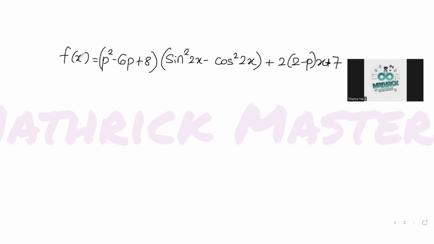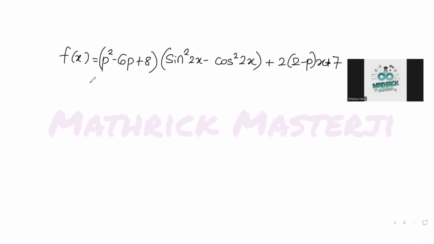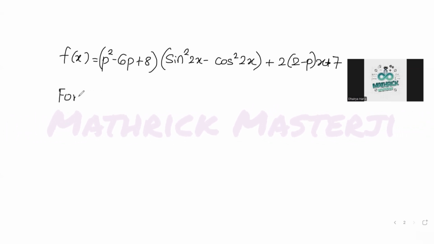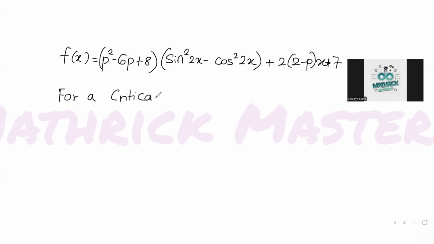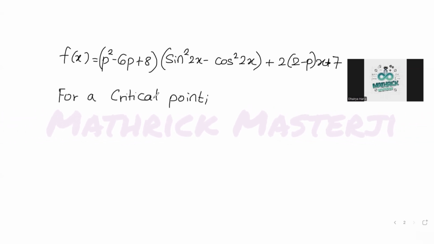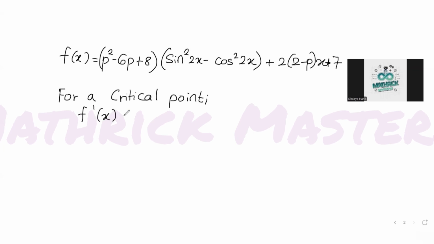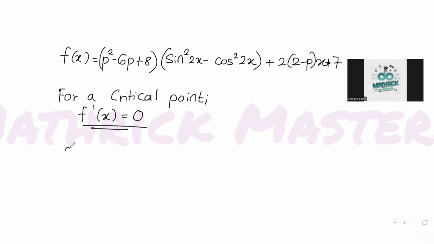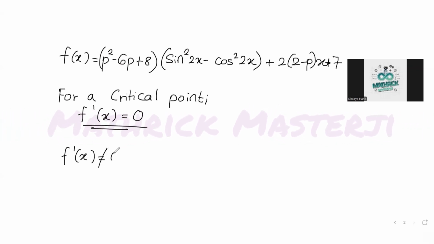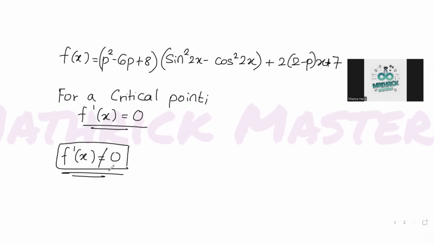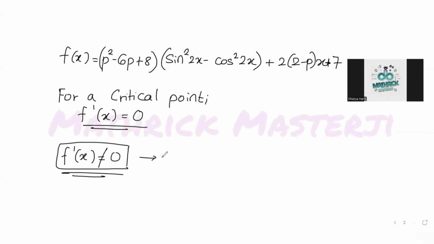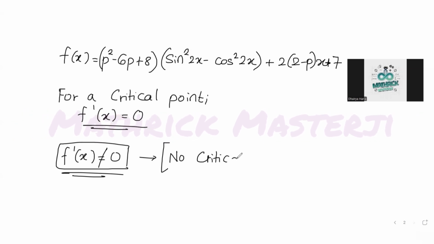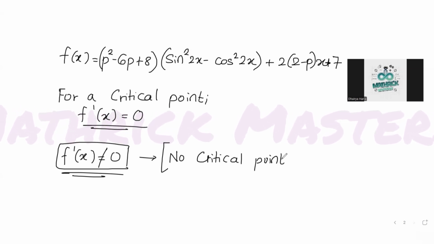Now the question tells me that this does not have any critical point, and we know the concept of a critical point: for a critical point, the first derivative f dash of x should become equal to 0. But if I do not have any critical point, that means the derivative f dash of x would not be equal to 0, because there is no critical point for this function.